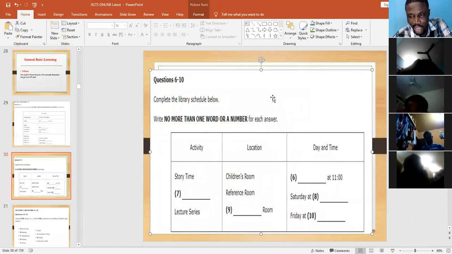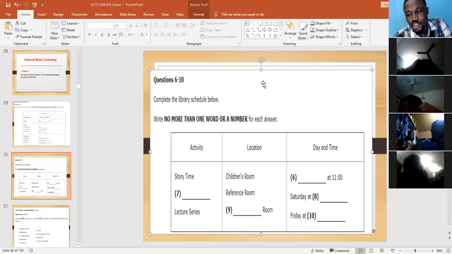So I am going to play the audio now. Do you think that you can give this one a go? Because these are the early part of listening. If you are still struggling, you need to practice more. In the early part of listening, you can't afford to start missing a lot.